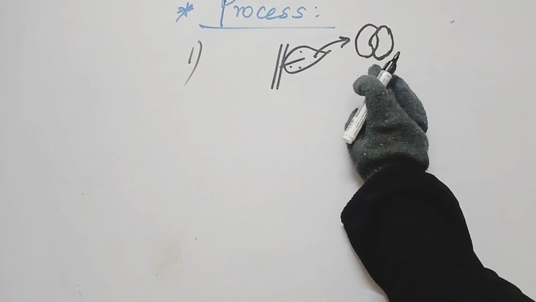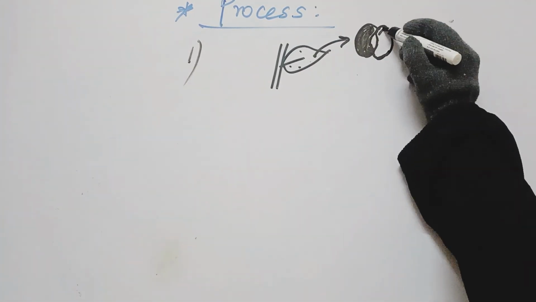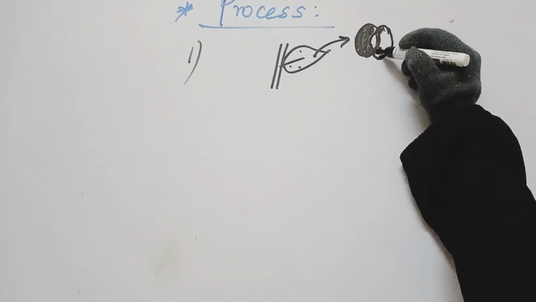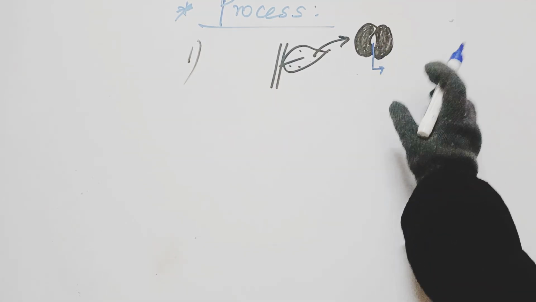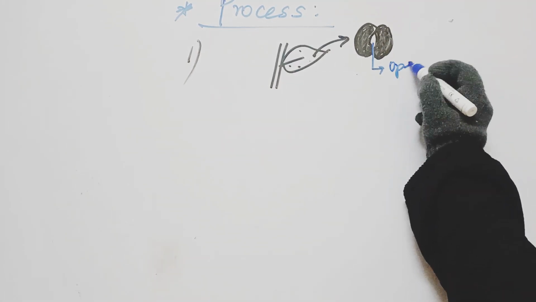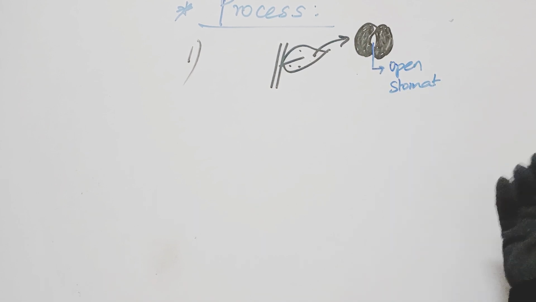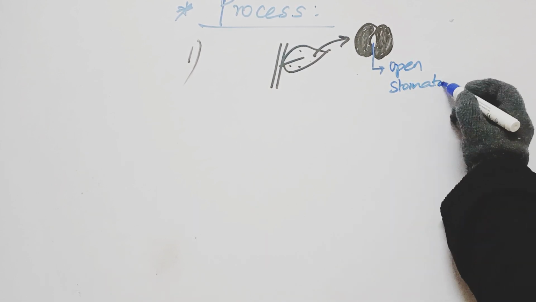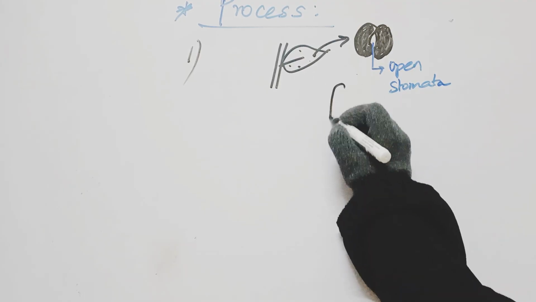It is an open stomata. Why am I saying open? If you can see the small pore, the gap, it is a condition of open stomata, where the hole is visible, where the pore is open. When the stomata closes, it looks something like this.